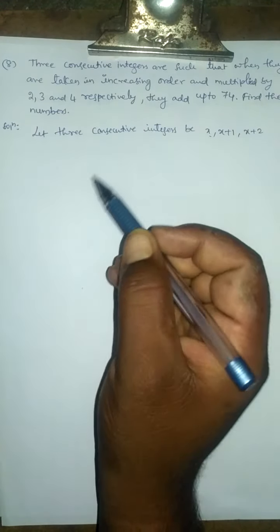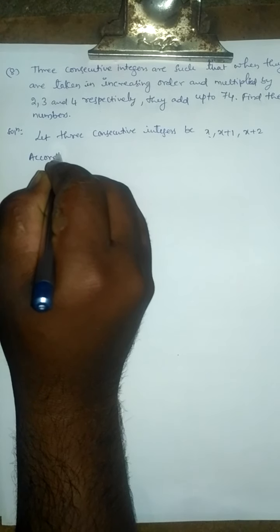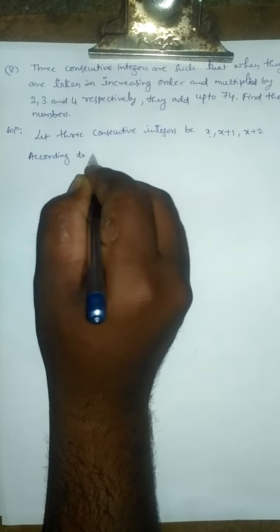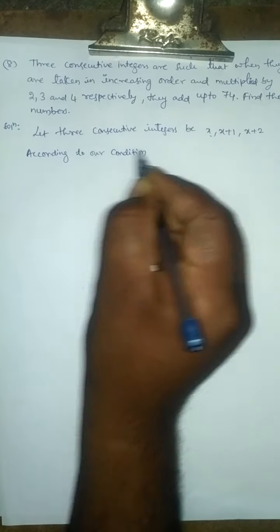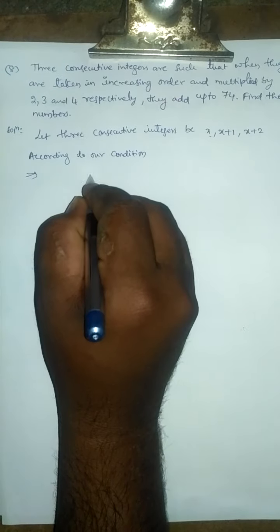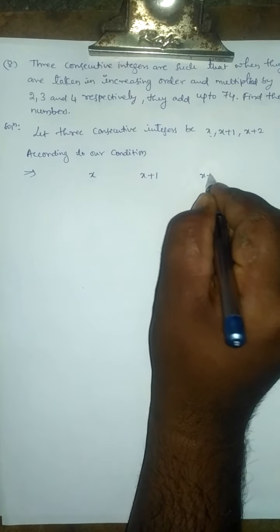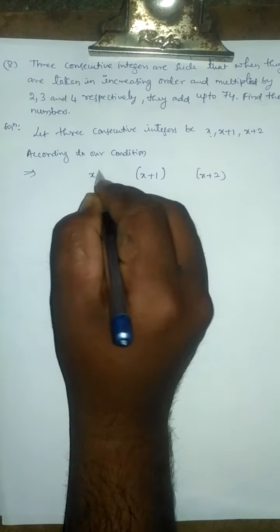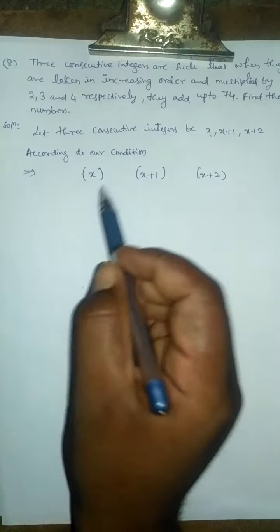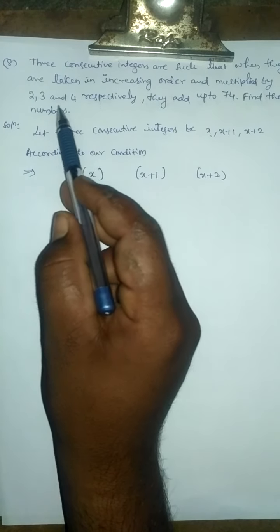So now here, according to our condition, x is first number, x plus 1 is second number, x plus 2 is third number, right? Respectively, we have to multiply these numbers by 2, 3 and 4.